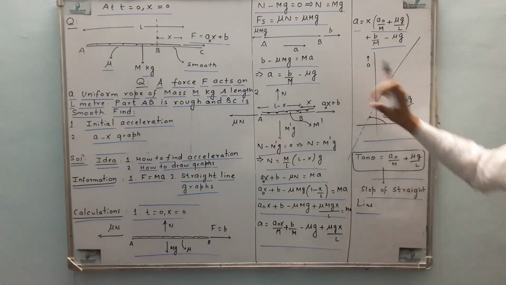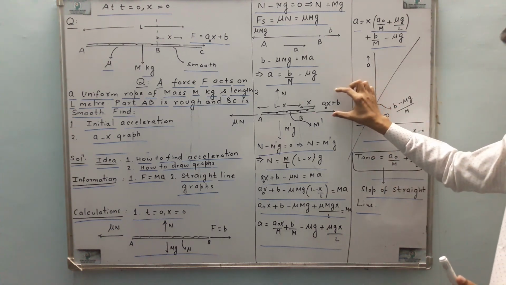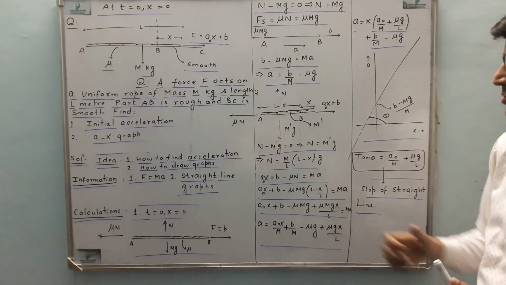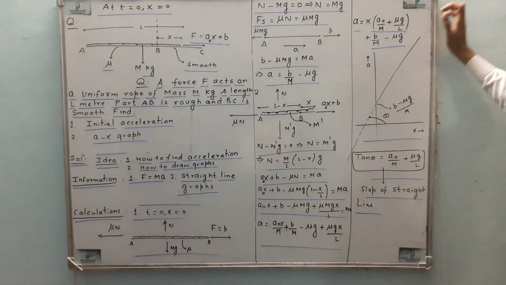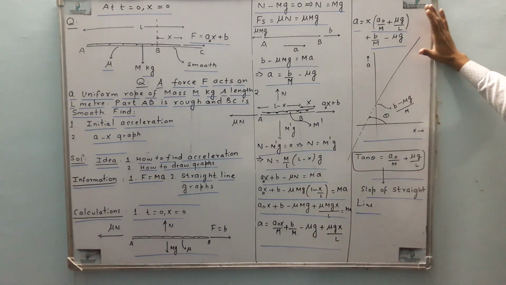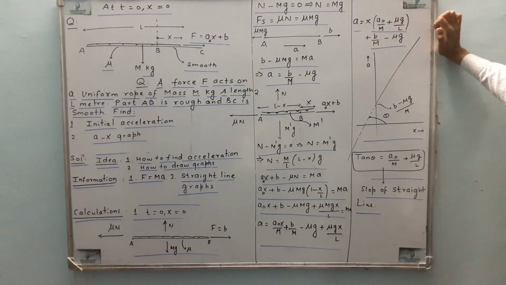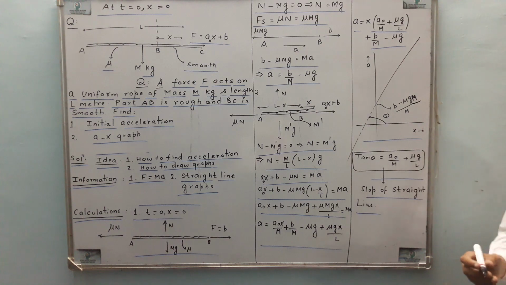So for this system we can write that A naught x plus B minus mu M upon L into L minus x into g is equal to M into a. Substituting the values, we get a as this. This is simply the equation of a straight line with intercept B minus mu mg by M. So that will be a straight line.